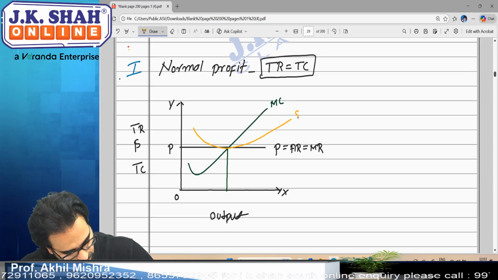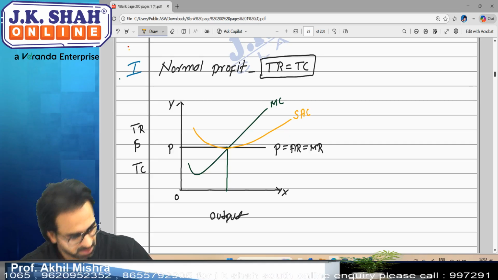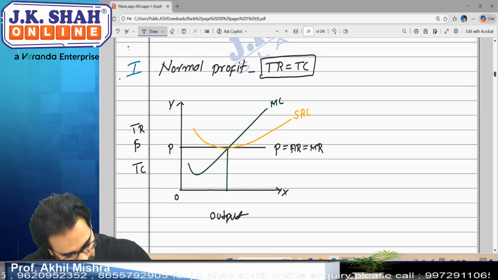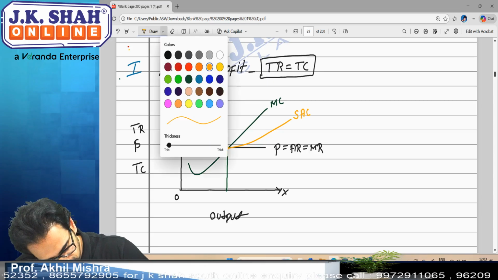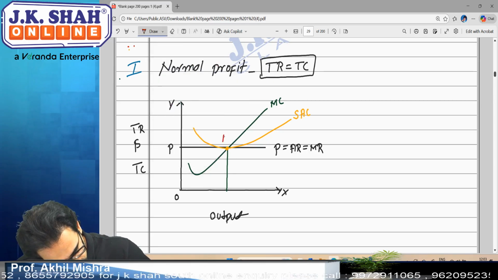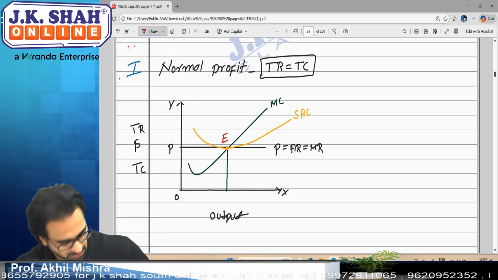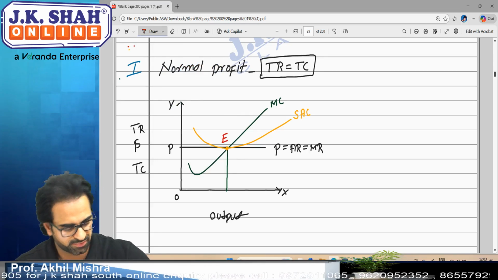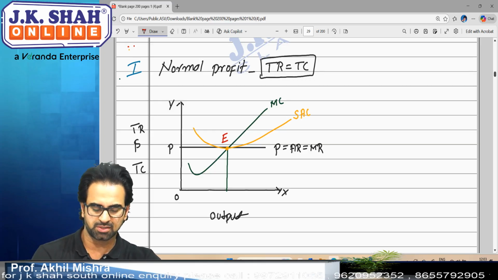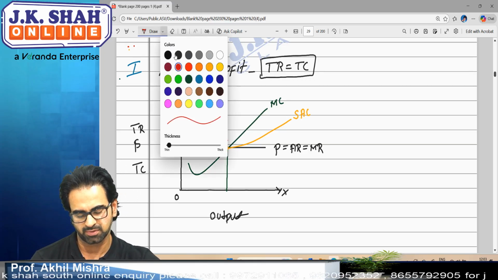This is the short run average cost, and this is your point of equilibrium, correct? Now let's find out whether we have made profit, loss, or normal profit.